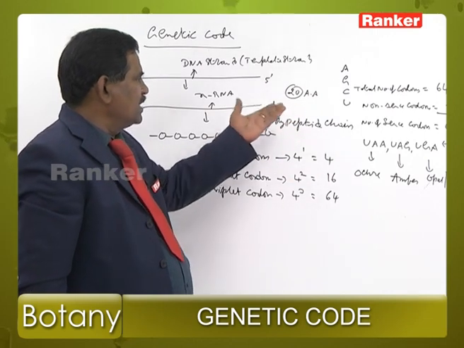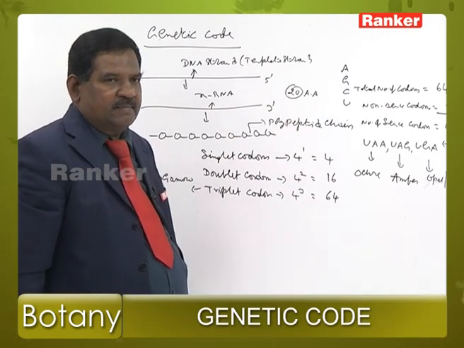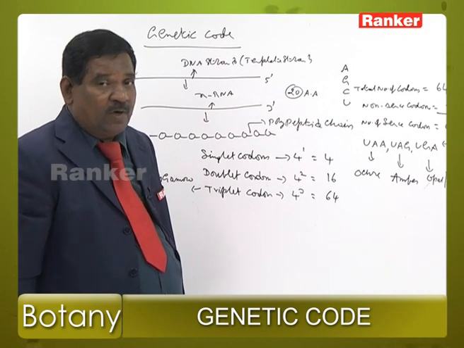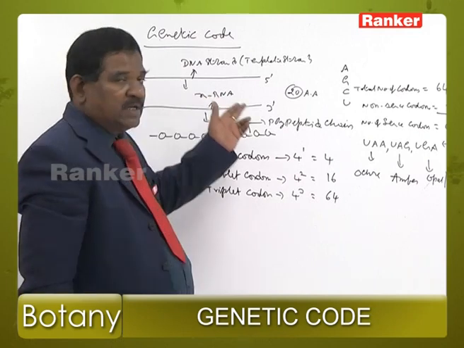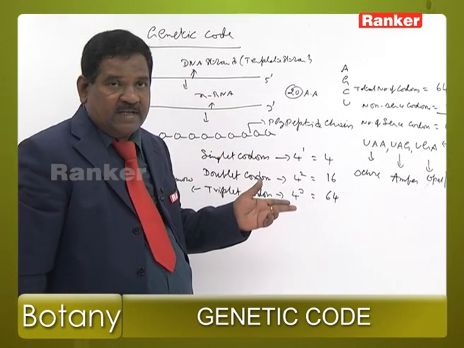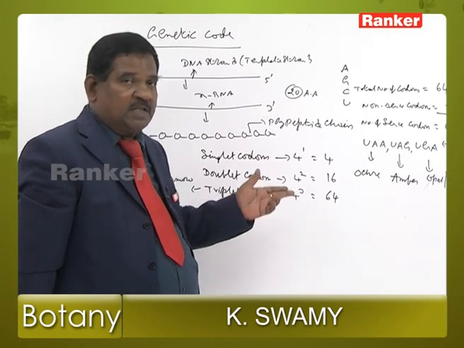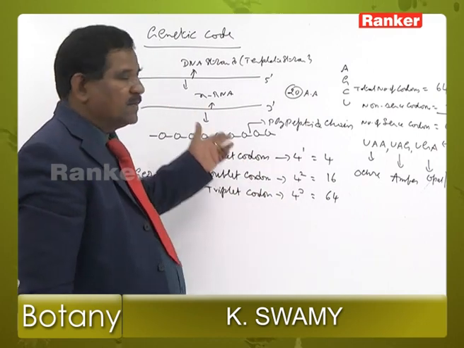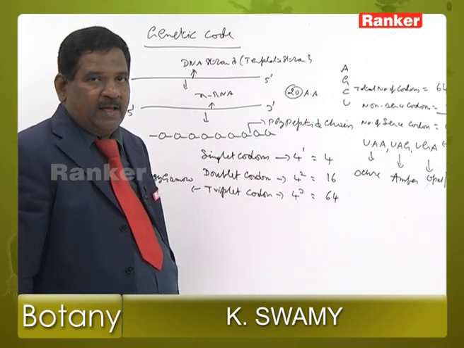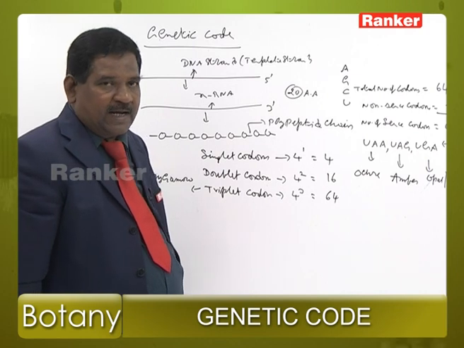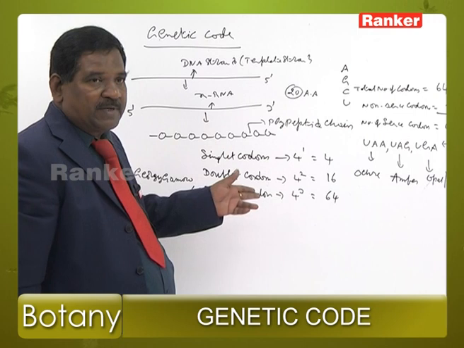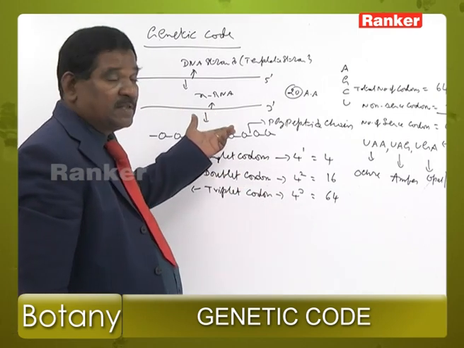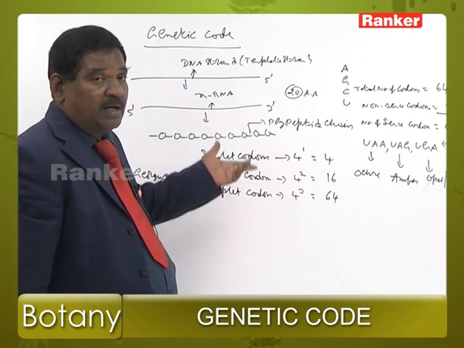61 codons recognize 20 types of amino acids. Here there is no collinearity as we observed in the DNA strand. If we know the nitrogen base sequence of the DNA strand, it is possible to understand the nitrogen base sequence present on the mRNA. But it is not possible to deduce the amino acid sequence in a polypeptide chain from the nitrogen base sequence on either mRNA or DNA.